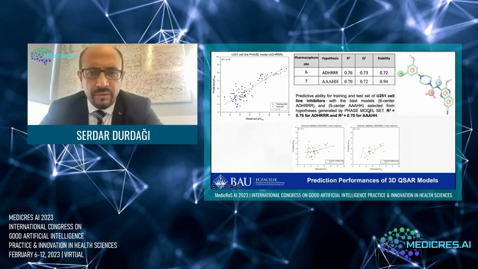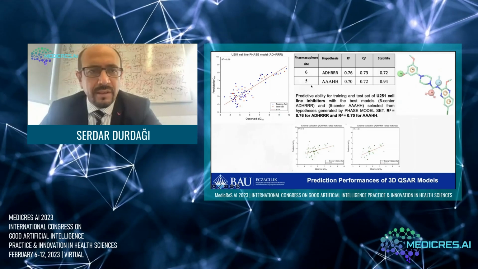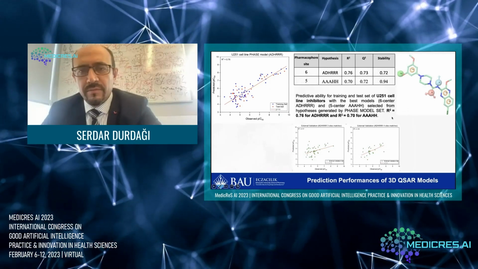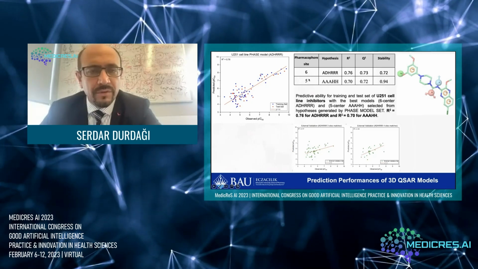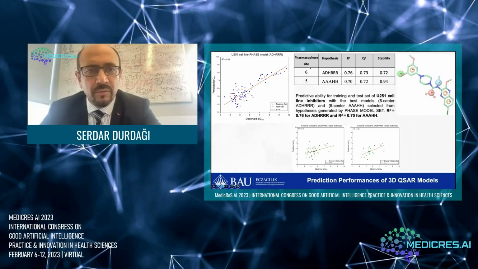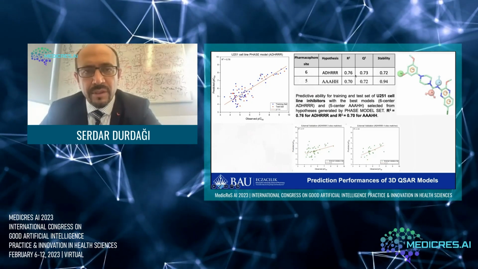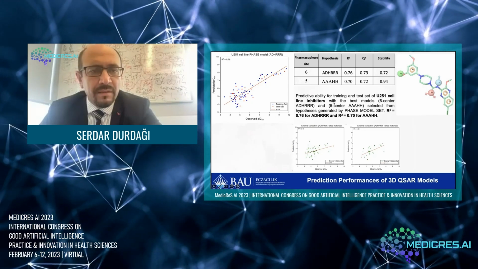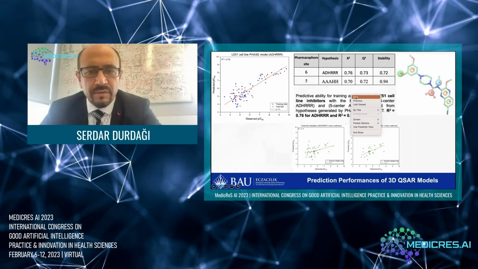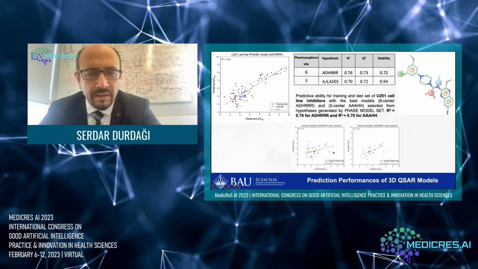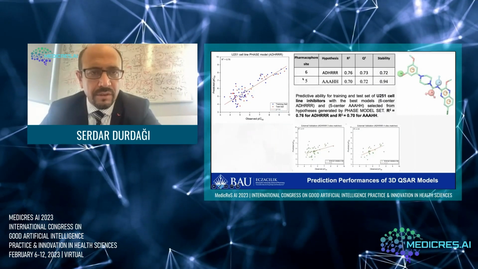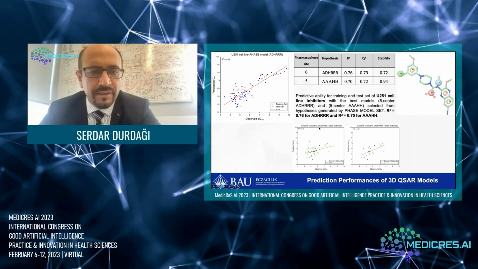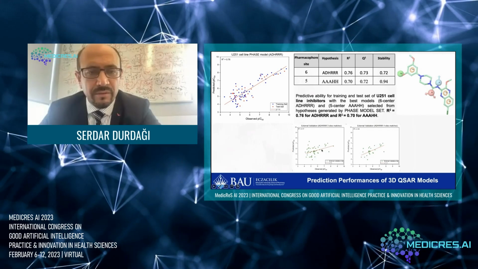We also used classical QSAR, and for this we used the Phase program, and we constructed 5-site and 6-site models. Here you can see the R-square and Q-square values, which are more than 0.7. We also tried to see how these QSAR models perform with external test set validation.